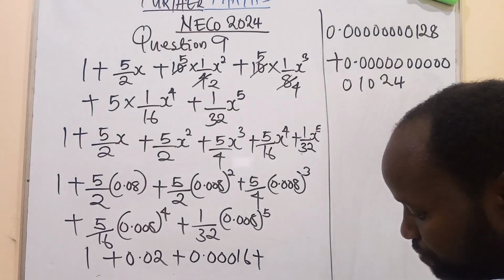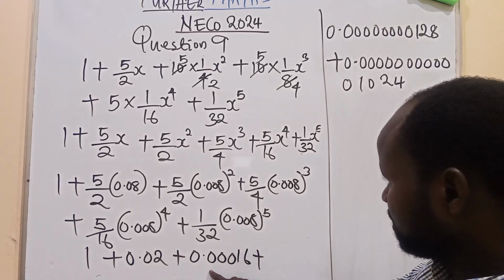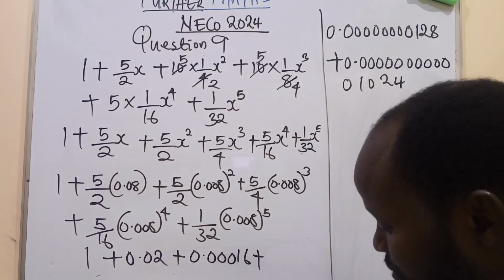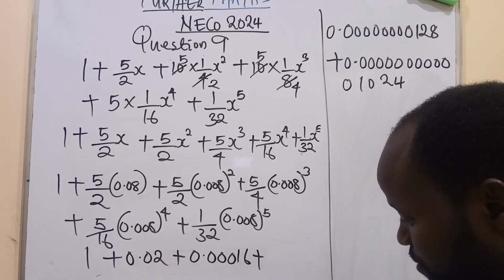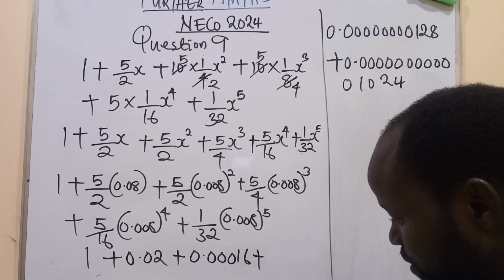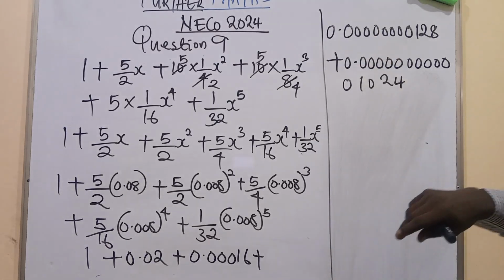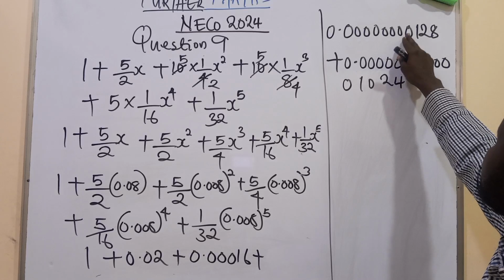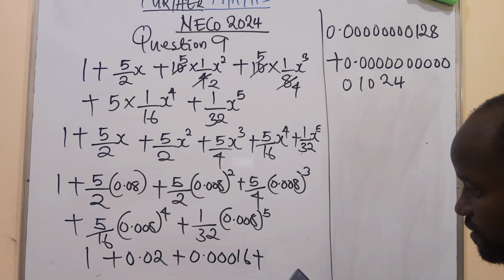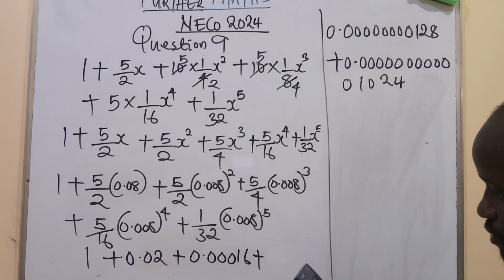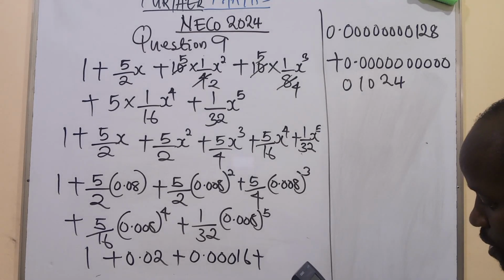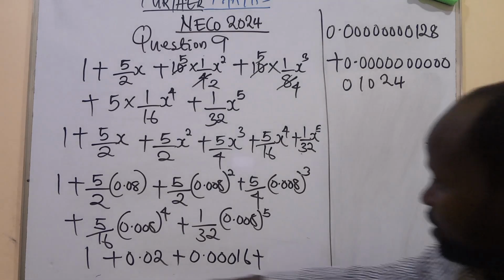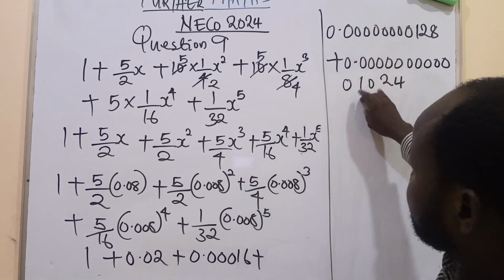Okay, we'll start from 1. 1 plus 0.02, plus 0.00016, plus 0.0000000064, plus 0.000000000128, plus the last one now, 0.000000000000001024. Okay, let's count.